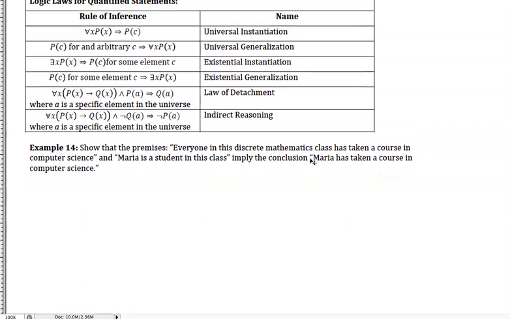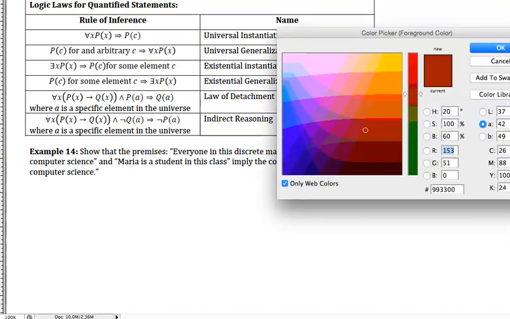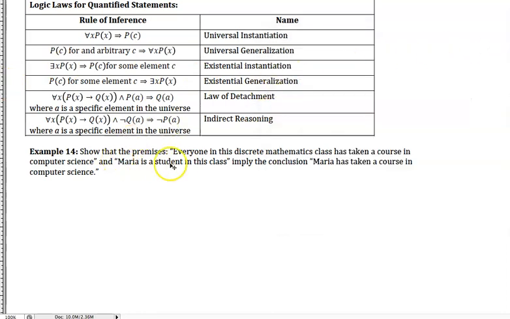Okay, so let's look at an example. We're going to have these premises here. Everyone in this discrete math class has taken a course in computer science, and Maria is a student in this class. They imply the conclusion: Maria has taken a course in computer science.